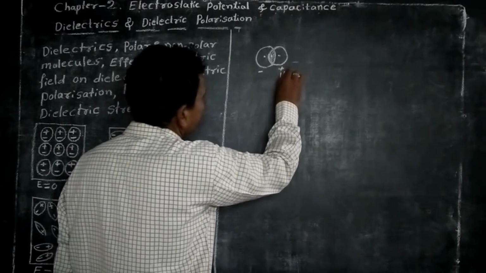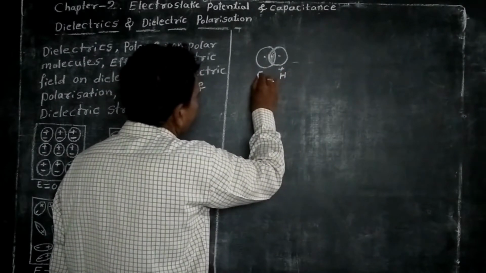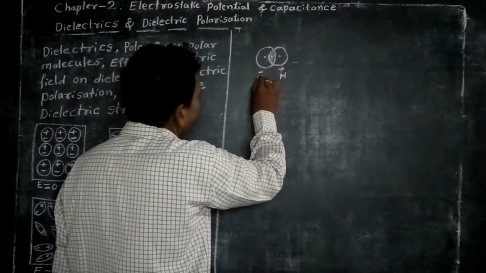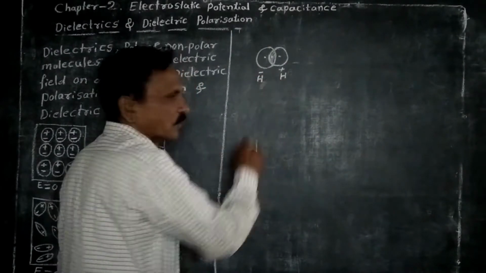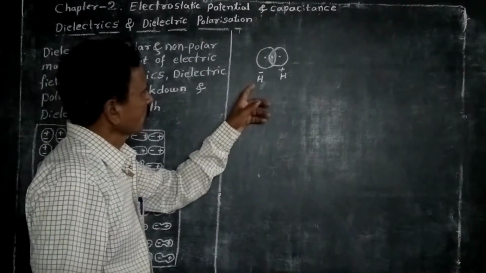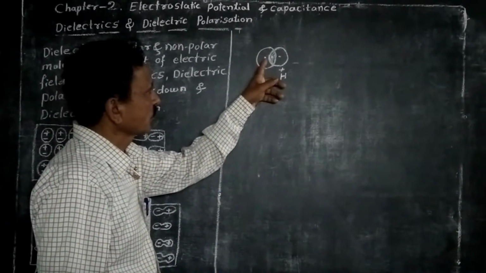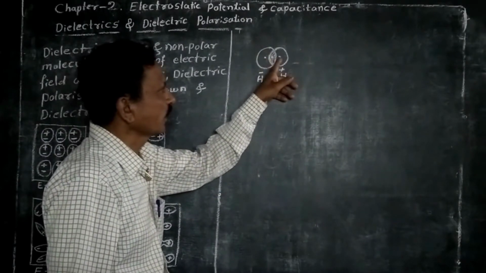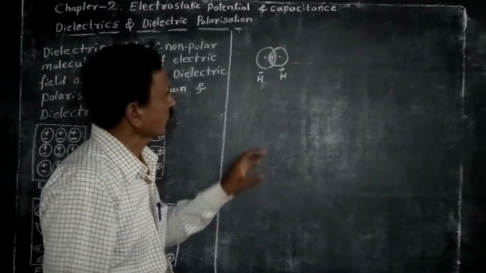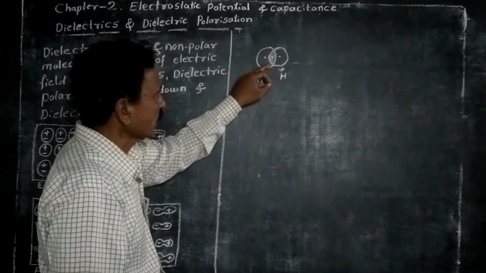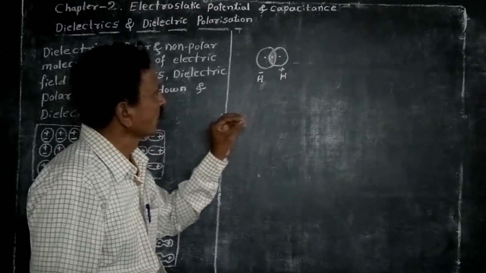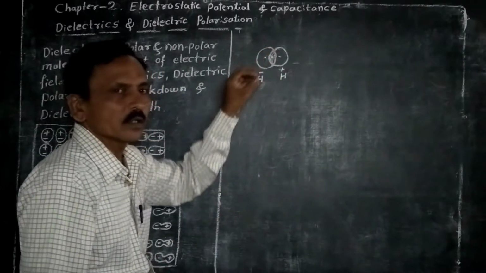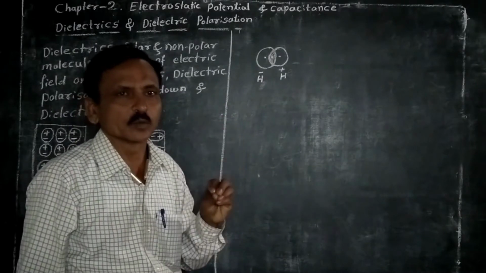Suppose this is the hydrogen molecule. It consists of two hydrogen atoms, one with negative charge and one with positive charge, and the centers of positive and negative charges are coincident. Such molecules are called non-polar molecules.